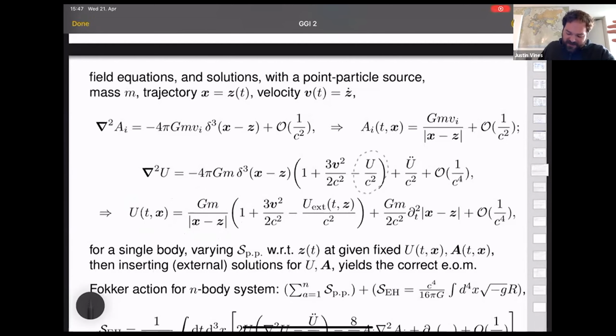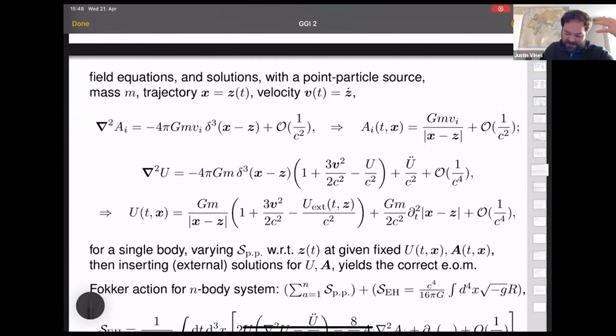Well, in treating everything except for this as a perturbation on the right-hand side, we can use the solution to the lower order equation of motion and basically plug that in here. If we used the full Newtonian potential here, we would get divergences.